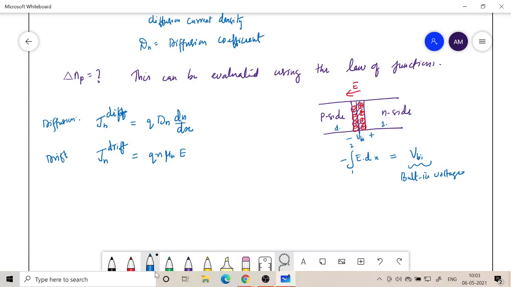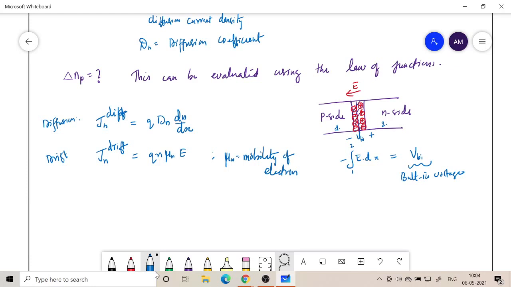this expression, where E is basically the magnitude of the electric field. Q n mu n: mu n is called the mobility of electron, so that's a constant. Q is the magnitude of the charge of an electron, n is the concentration of electrons in the presence of the electric field, E is the magnitude of the electric field, and mu n is the mobility of the electron.